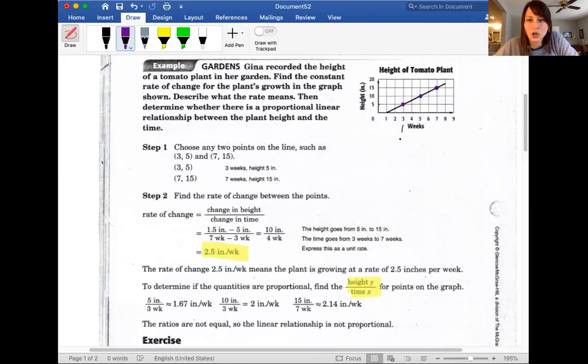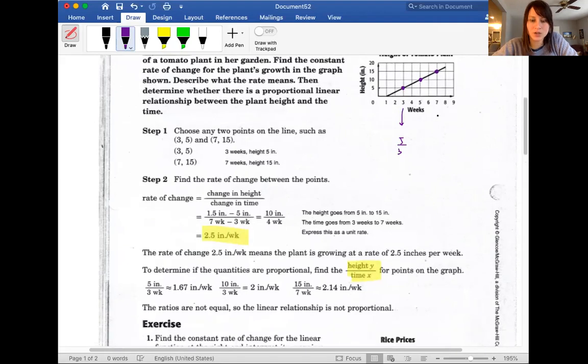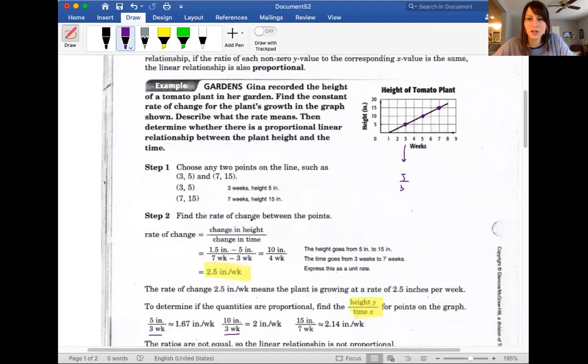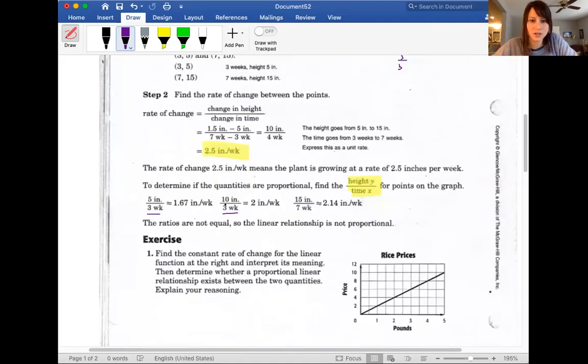Turning these into ratios, it would be 5 over 3, 10 over 5, and then 15 over 7. I think 10 over 3 was a typo, it should be 10 over 5.